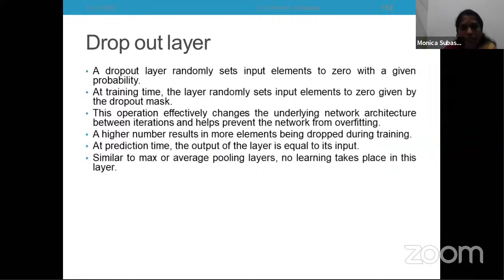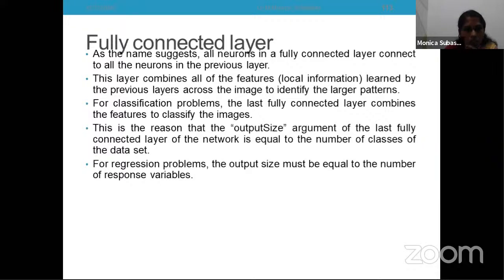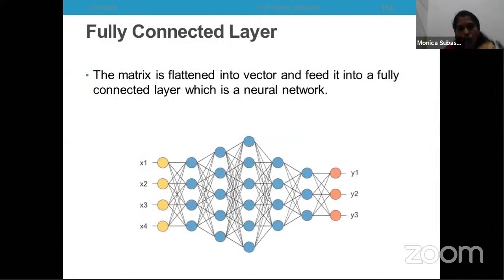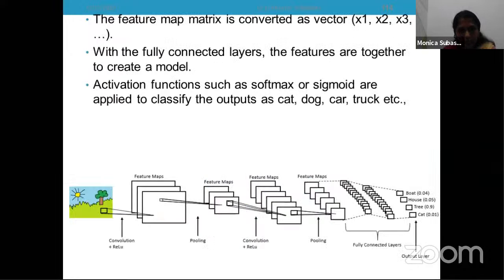Next, fully connected layer is the last layer, which is going to classify all the information. All the information would be collected as a feature vector. And each feature vector would be labeled with one particular class and you get the final output. Feature matrix is converted as a vector, so just understand that we have only a vector here.